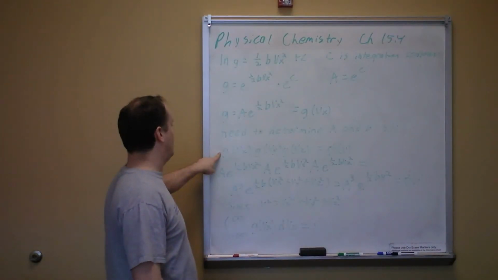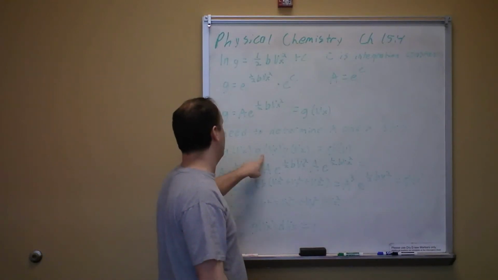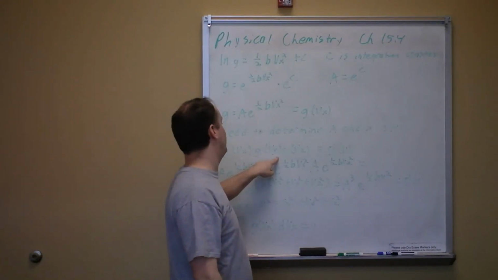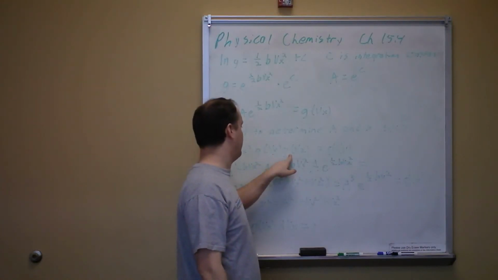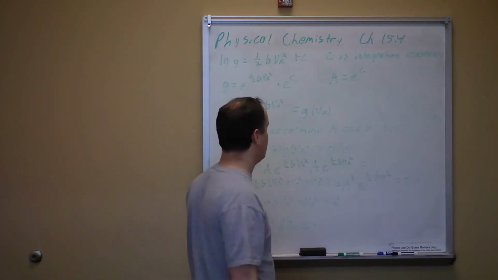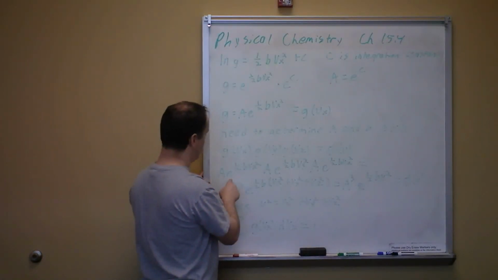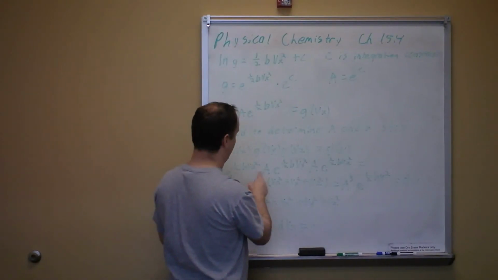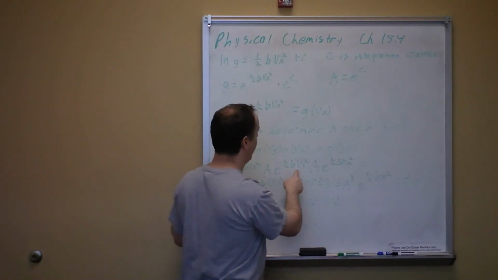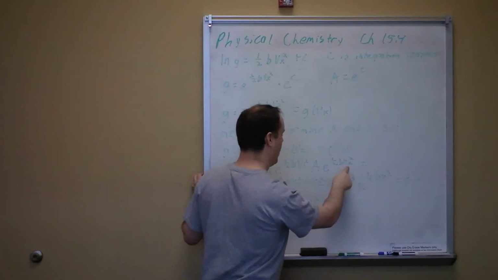So lowercase g of the x component of velocity times lowercase g of the y component of velocity times lowercase g of the z component of velocity is equal to phi of the speed, remember. Substituting all that in, we have A times e to the 1/2 b vx squared times A times e to the 1/2 b vy squared times A times e to the 1/2 b vz squared.